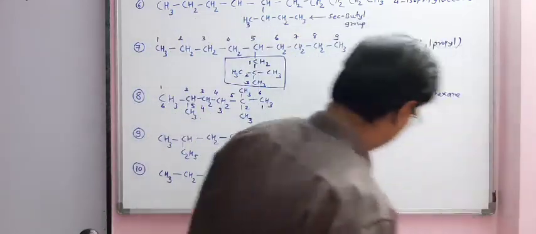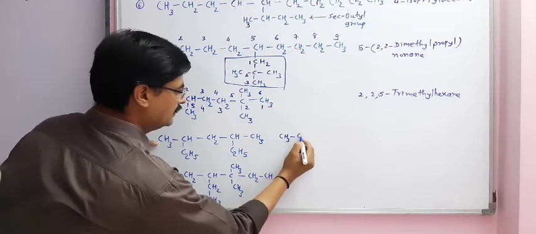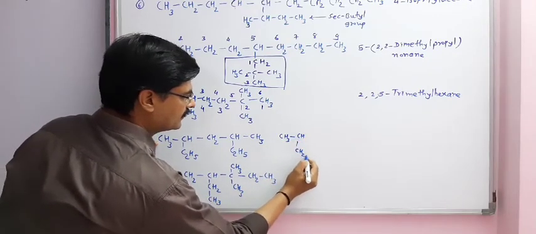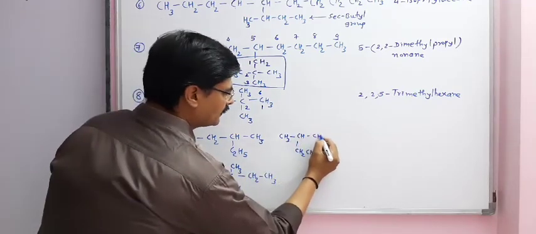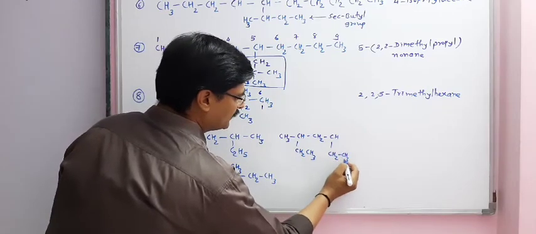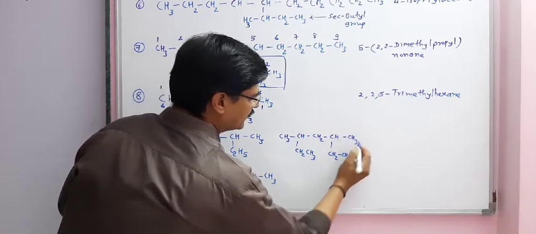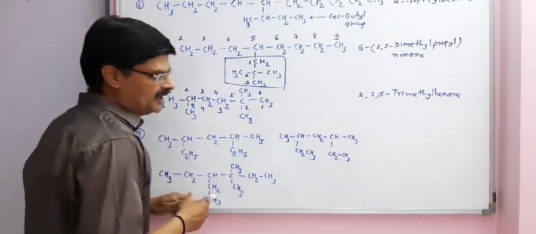Like CH3, CH, CH2, CH3, CH2, CH, CH2, CH3 and CH3. First of all, we will decide the longest possible chain.